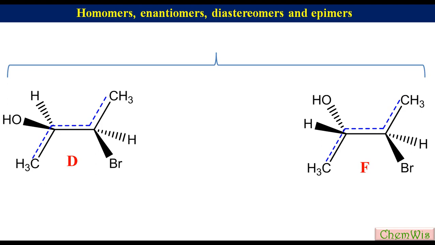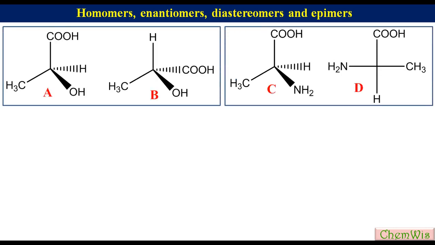Orientation of groups on the left chiral center in D and F are opposite, while orientation of groups on right chiral center of D and F are the same. So, these two are not mirror images and thus diastereomers.